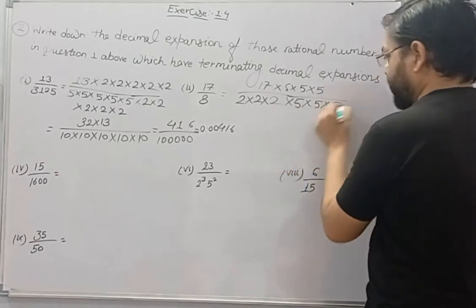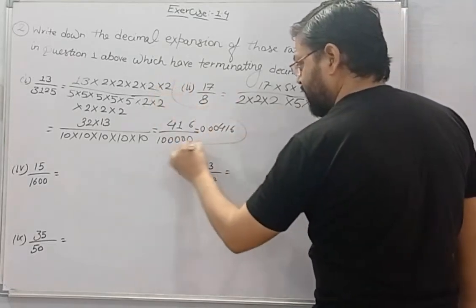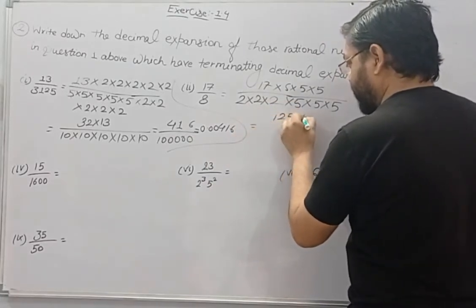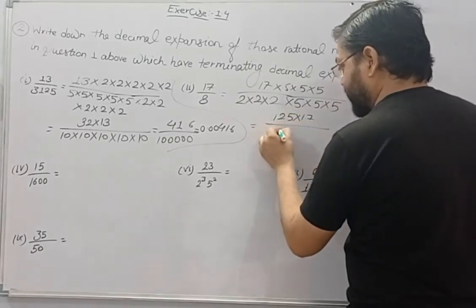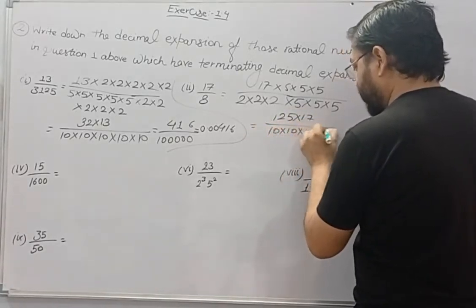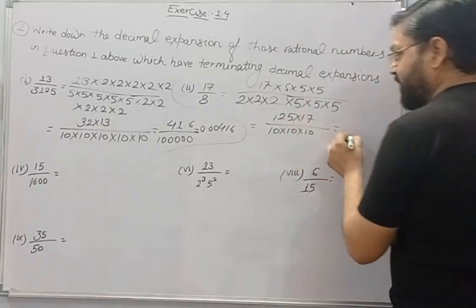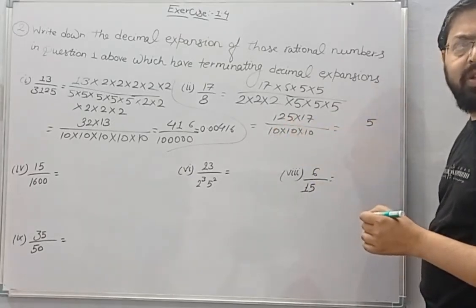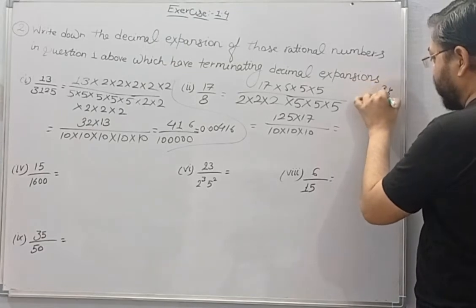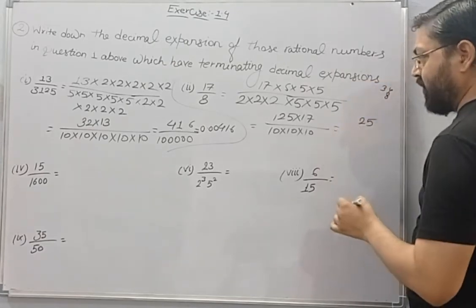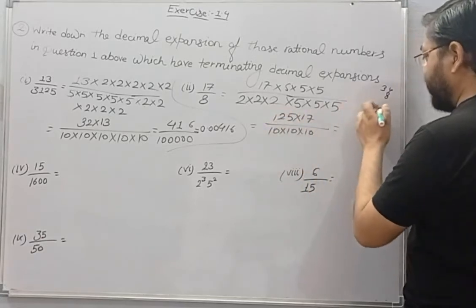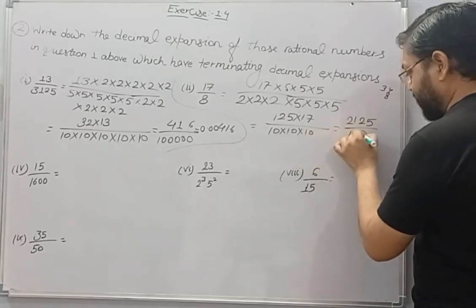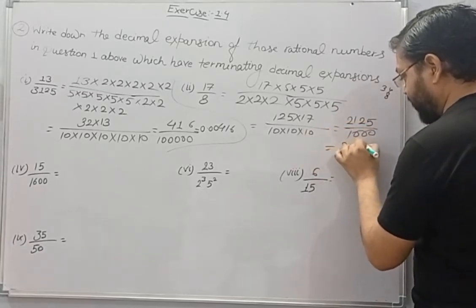Now multiply: 125 into 17, and the denominator is 10 into 10 into 10. 17 times 5 is 85, 17 times 2 is 34, 34 and 8, 42, 17 times 1 is 17 and 4, 21, and here 1000. You will get 2.125.